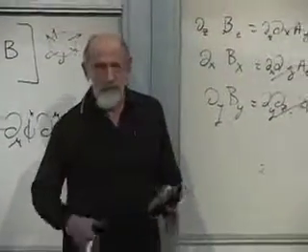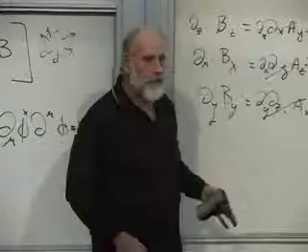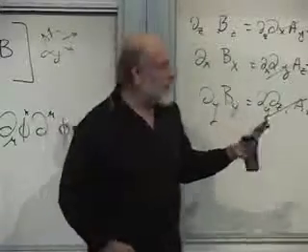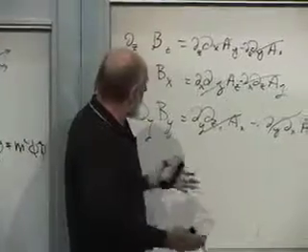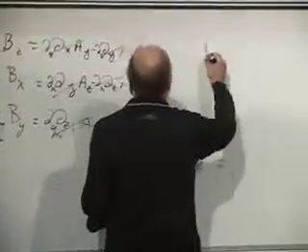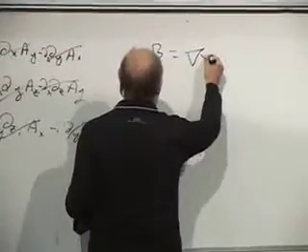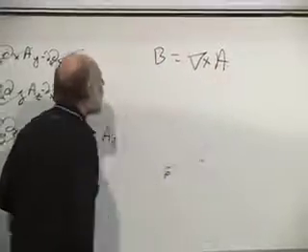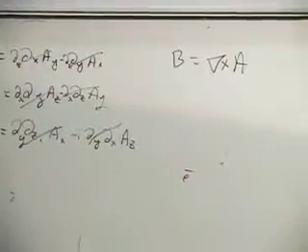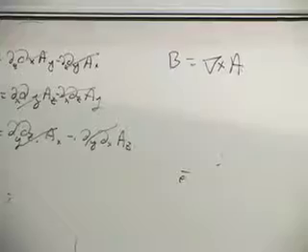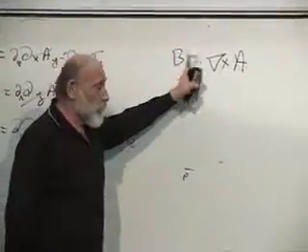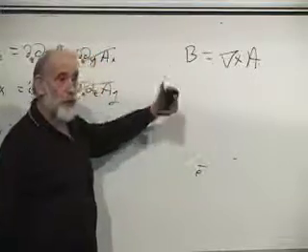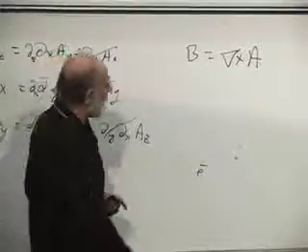It followed from the definition of B. The structure of B was such, by the definition, that it cannot be anything else. Another way of saying it, some of you may recognize, is that B is equal to del cross A. B is the curl of A. No matter what A is, it's a rule that the divergence of a curl is equal to 0.